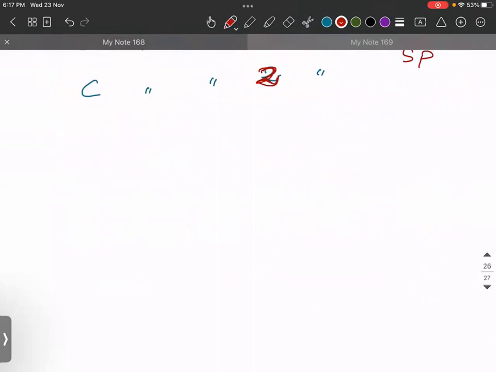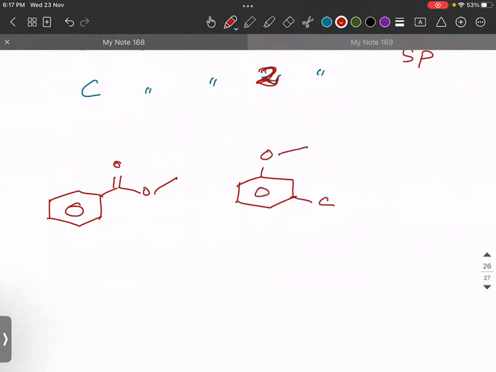Next, you have to identify the functional group present in the compound. I will write some compounds and you have to tell what functional groups are present.